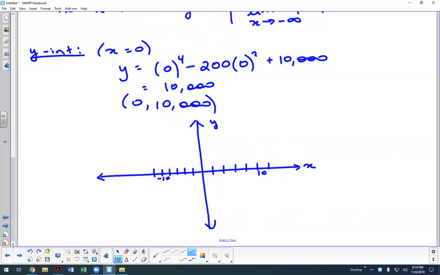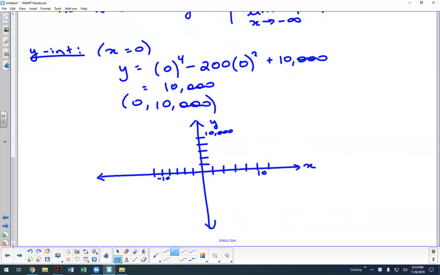However, for the y-axis, because our y-intercept is at 10,000, we're actually going to break these down into 2,000. So our fifth marker will actually be 10,000. Like I said, it's going to be an interesting graph.